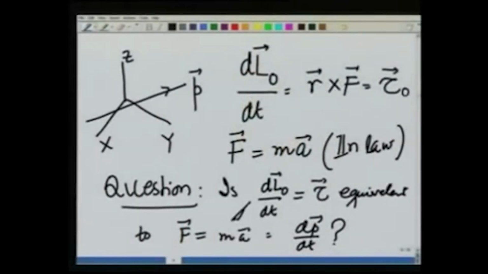I am doing all this exercise to make you familiar with angular momentum and related mathematics. Let us understand this by considering an example. I will consider the example of a conical pendulum, and with that I will show you a couple of things. First, I will show you that the angular momentum indeed is origin dependent, and number 2, that these two are indeed equivalent. So, let us do that.